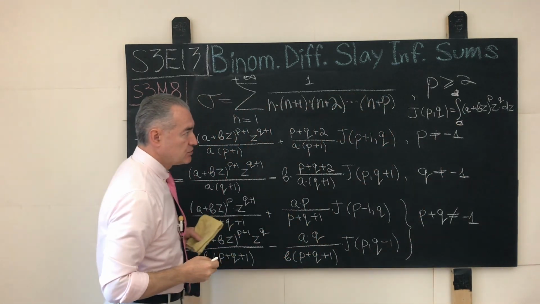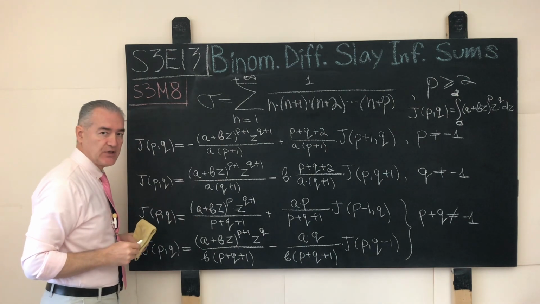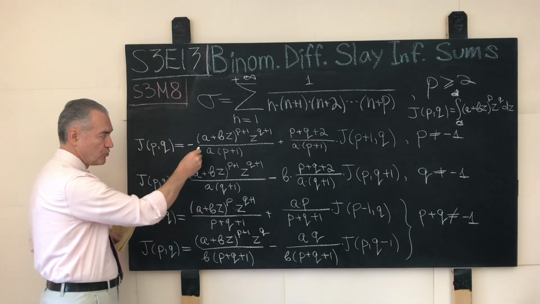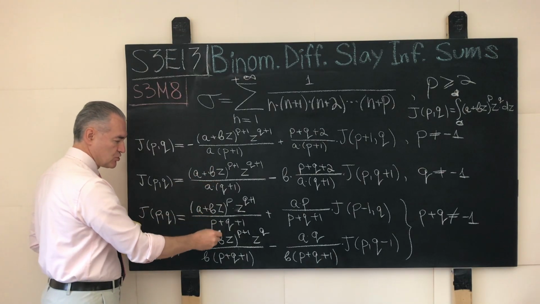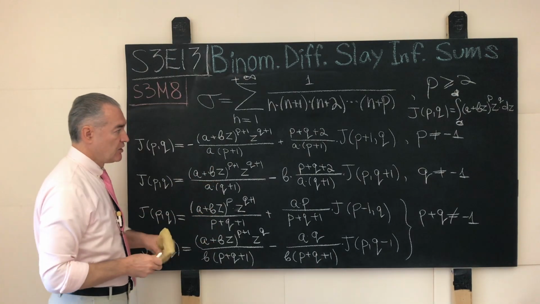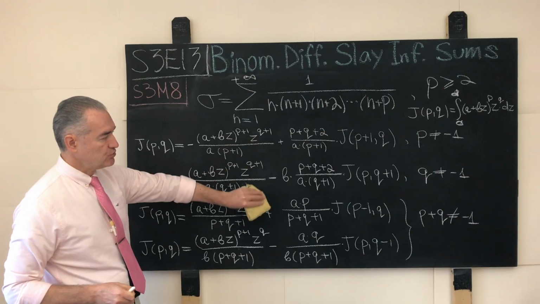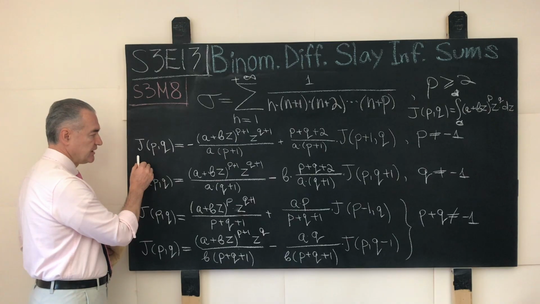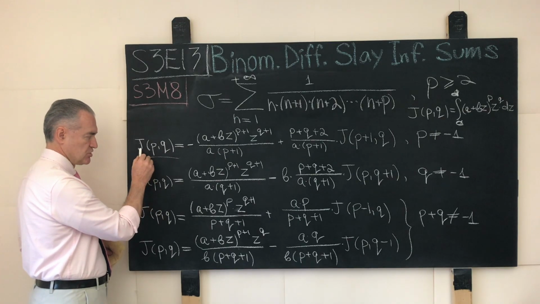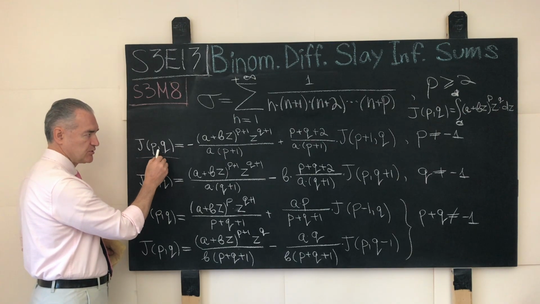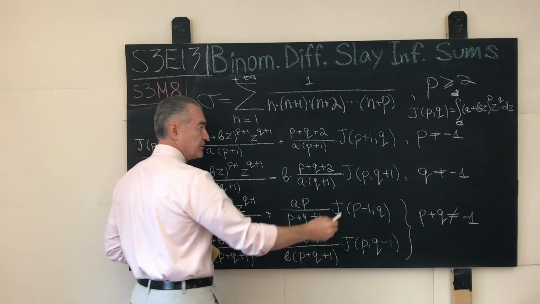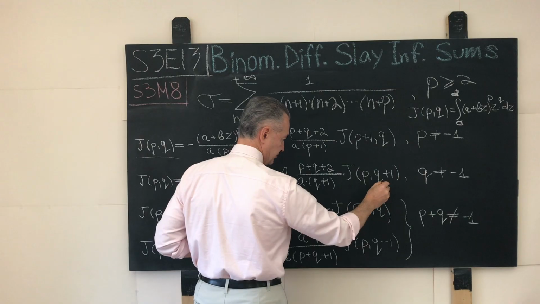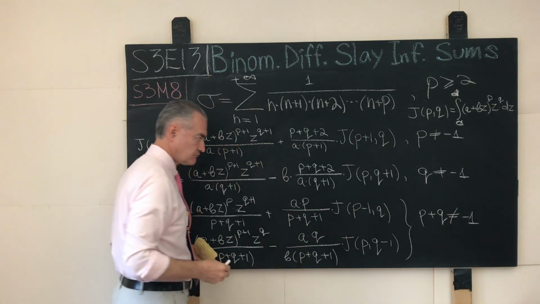So one way to evaluate such integrals, whether definite or indefinite, is to use the 4 recurrence relations shown over here. For example, the top 2 recurrence relations relate an integral J of p and q, via a similar integral when p is iterated up, for example, and here q is iterated up by 1.